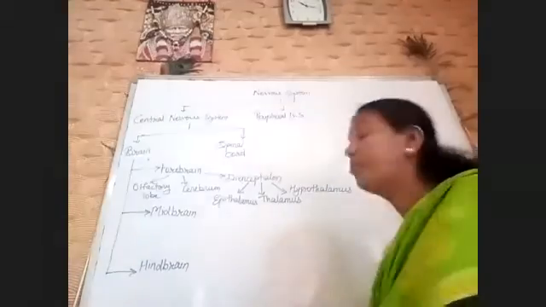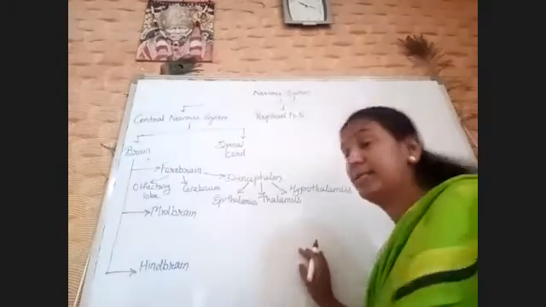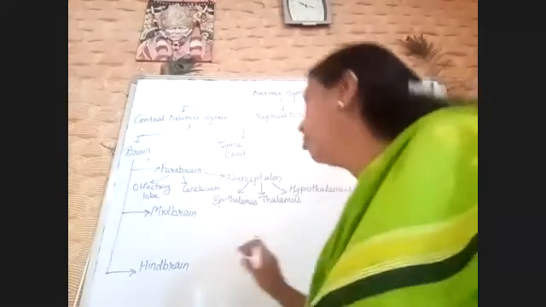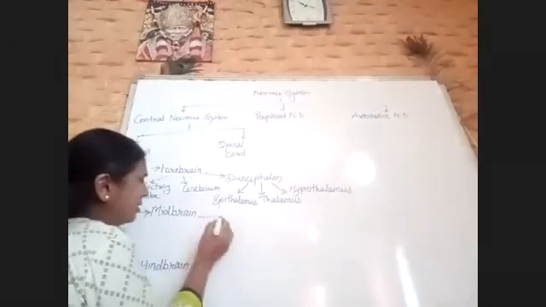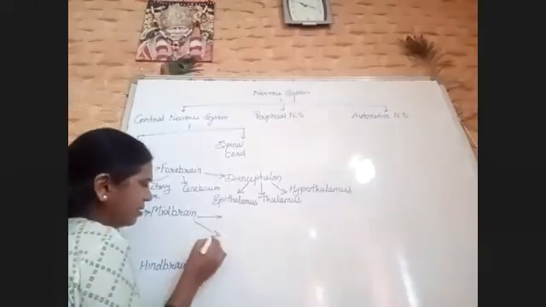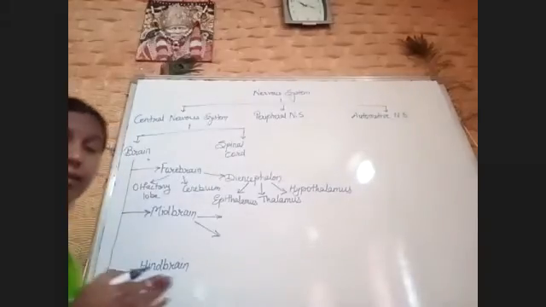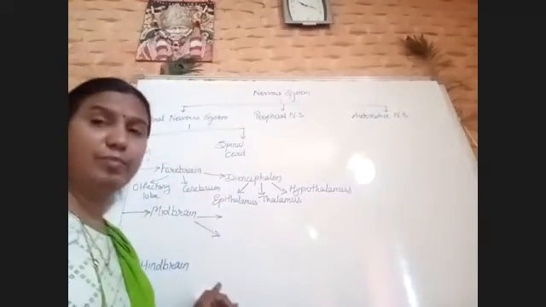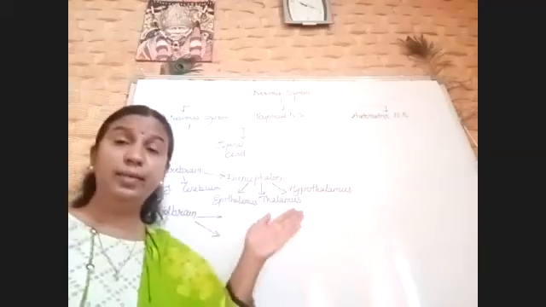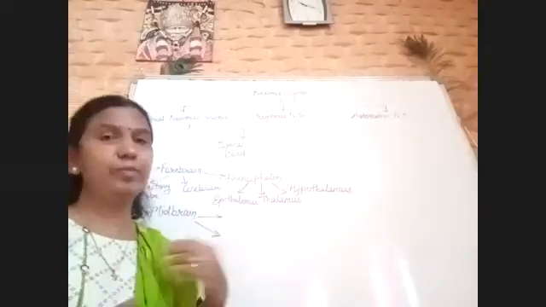These are the 3 parts of this diencephalon. Now, what about the midbrain? The midbrain is present in the middle, in between forebrain and the hindbrain, and definitely it will connect both of them.